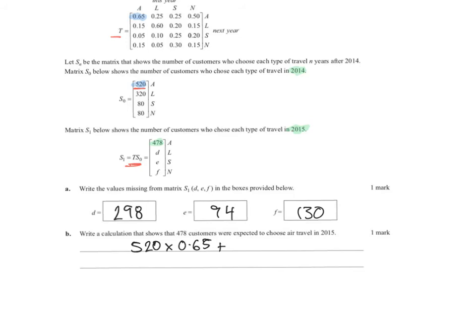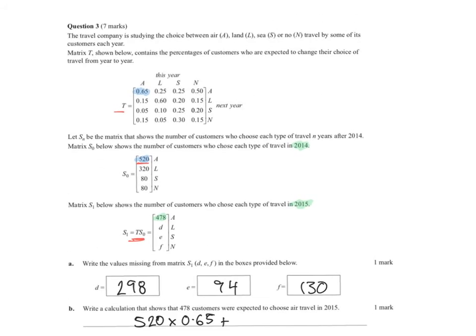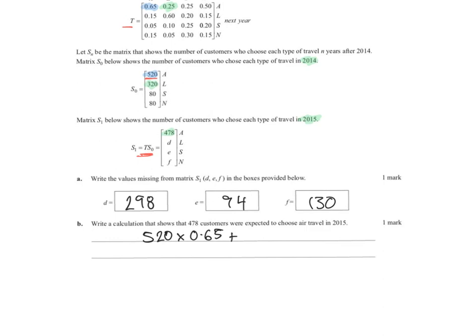Then you just work along the rows. We've got the 320 that chose land travel. 25% of them will choose air travel next year. So just work along that top row to get that calculation: 320 times 25. Then just keep working.